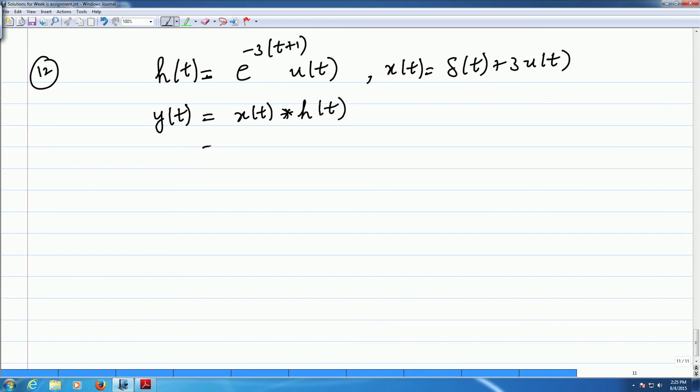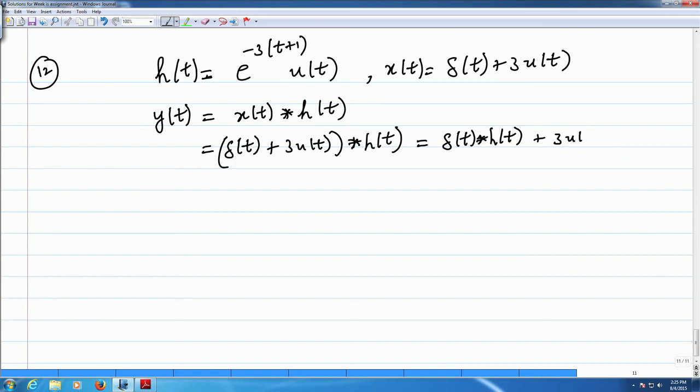For instance, since x of t is delta of t plus 3 times u of t, I can simply write this convolution as delta of t plus 3 u of t convolved with h of t, and that will be delta of t convolved with h of t plus 3 u of t convolved with h of t. Okay. Now, this convolution is very easy, it is same as h of t.